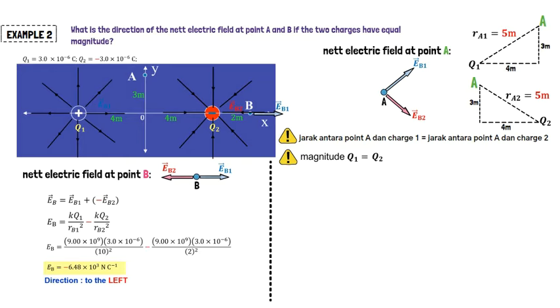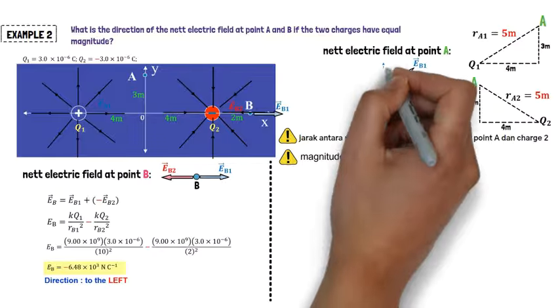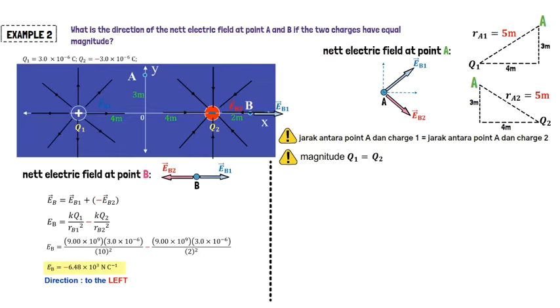So look at the diagram. So we have EA1. So the blue arrow showing resolution for EA1X and EA1Y. Okay. And untuk EA2 pun kita boleh resolve kepada X and Y component. So we're going to have EA2X and EA2Y.